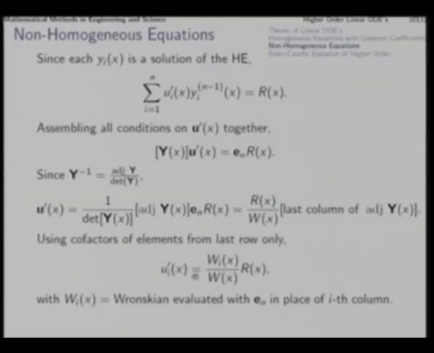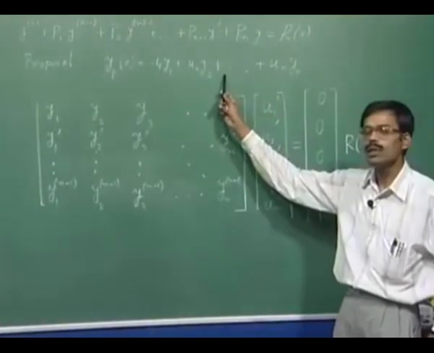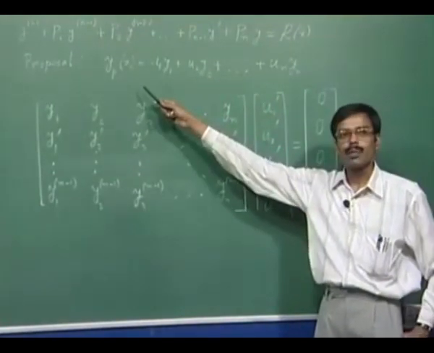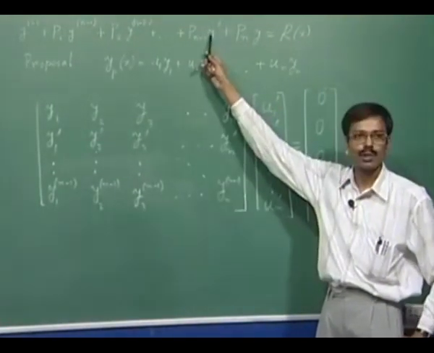And then when we find that this is a function of x only, we can evaluate Ui by direct quadrature, direct integration. This set of U1, U2, U3, U4 when inserted in the original proposal gives us a particular solution of this non-homogeneous equation.